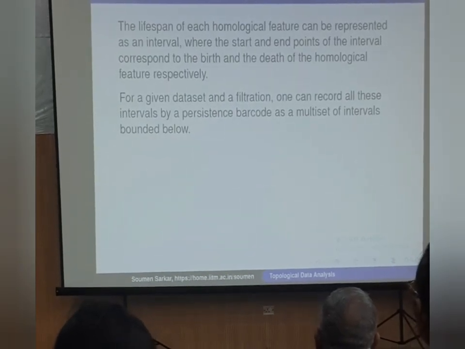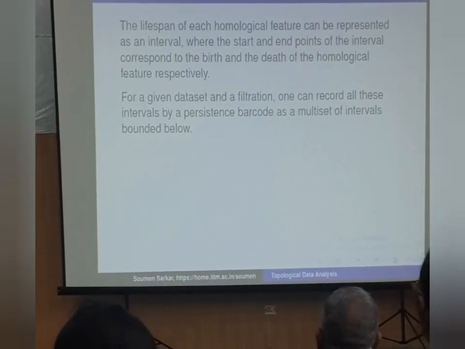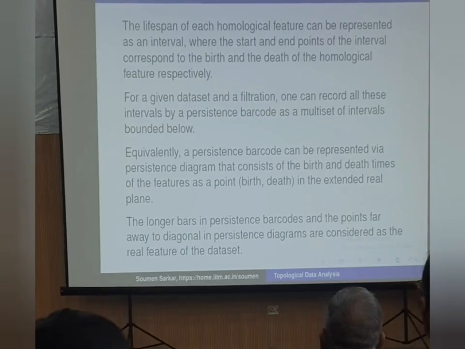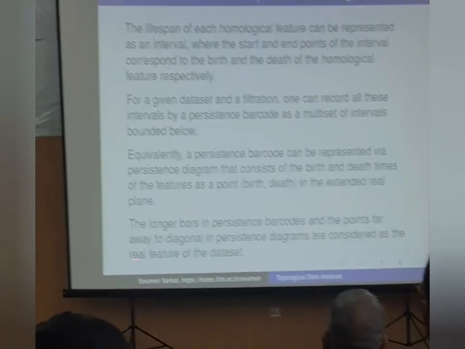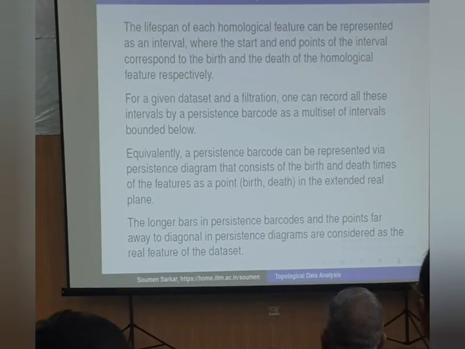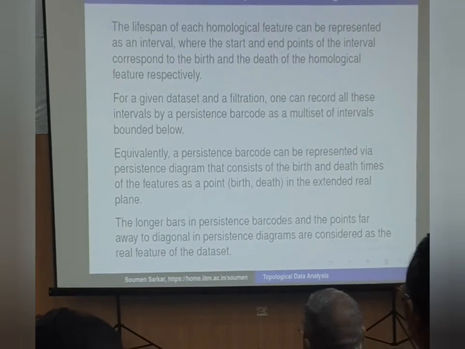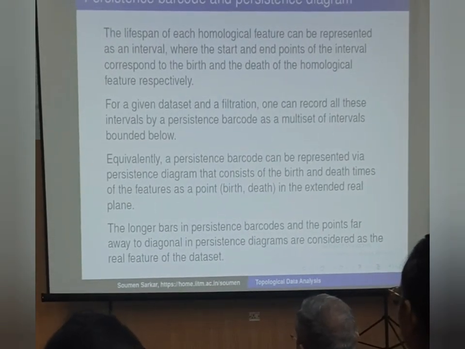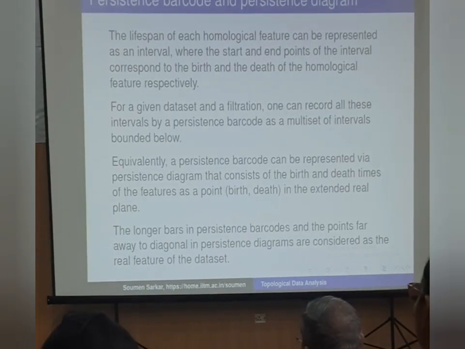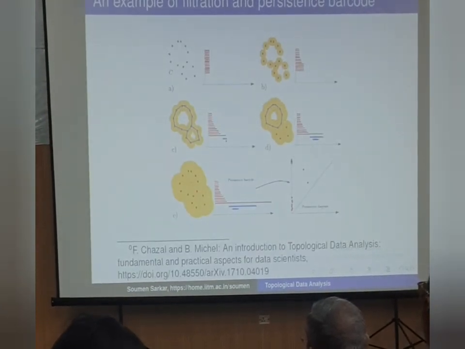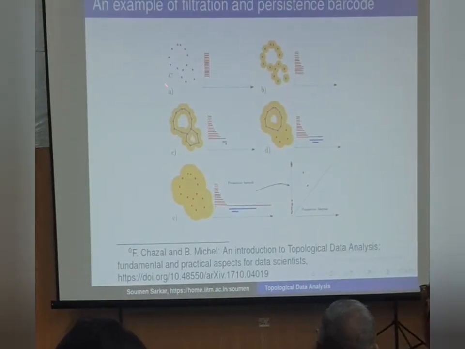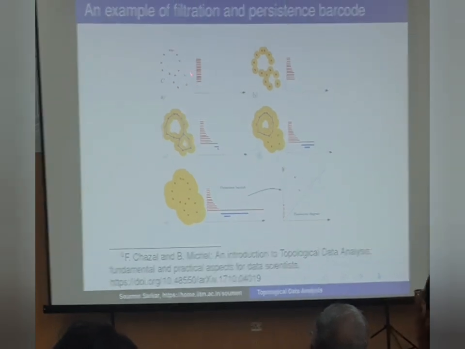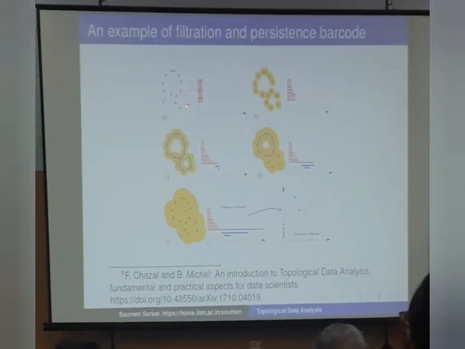Right? If that point is very far from the diagonal, then we will say that it gives the real feature of the data. That means that hole in the shape of the data set is remaining for a long time. So we have a data set, so this is T0, and then we have this many bars.